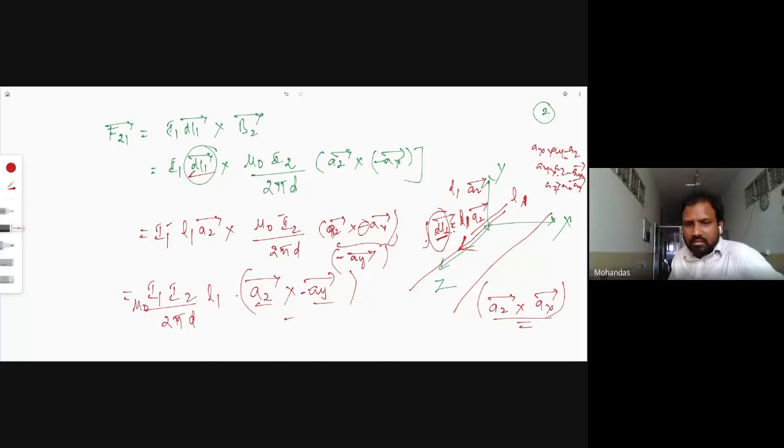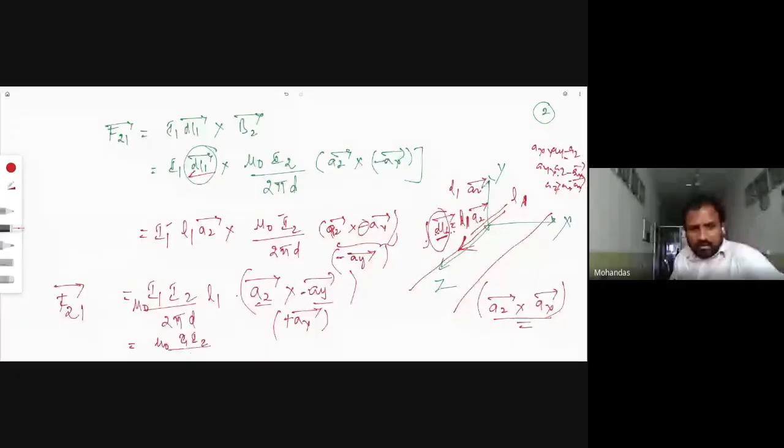Minus. So which is equal to I1, I2 by 2 pi d into L1 in the direction of Ax.